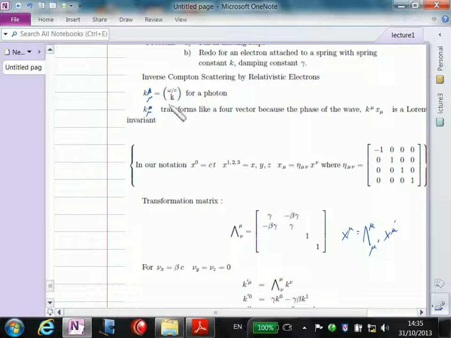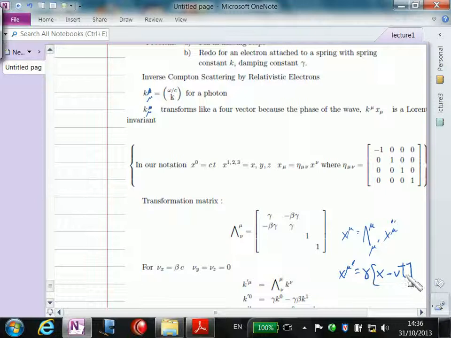Let's put it this way: x mu prime is equal to gamma times (x minus v t). The question in special relativity is always, what does this mean?